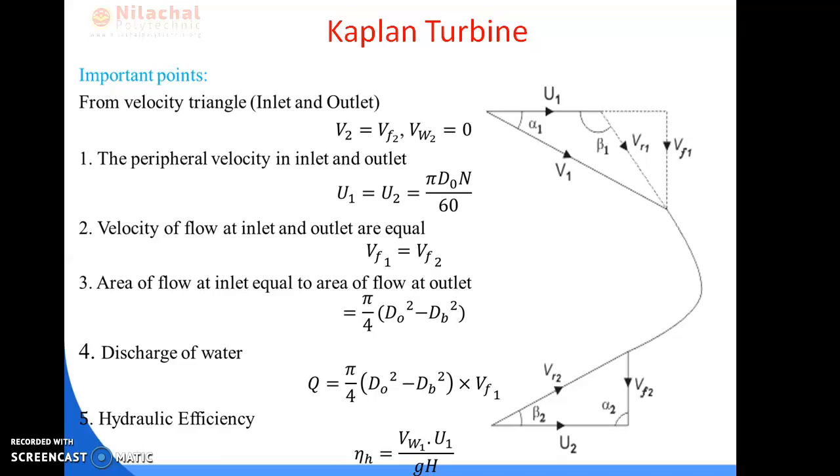So work done per second is equal to rho Q (Vw1 U1 plus Vw2 U2) by 1000 kilowatt, that is the runner power.